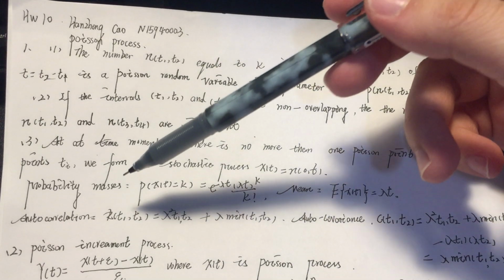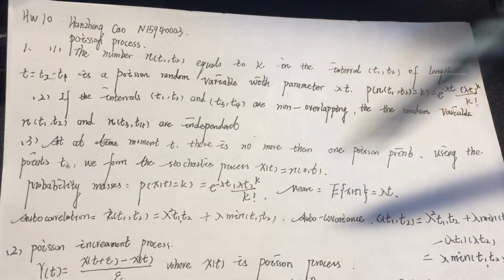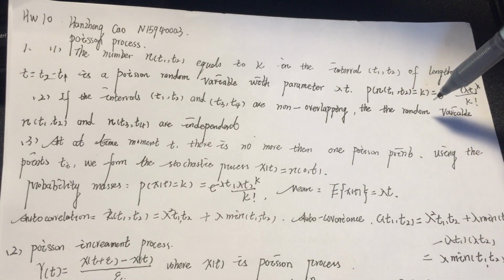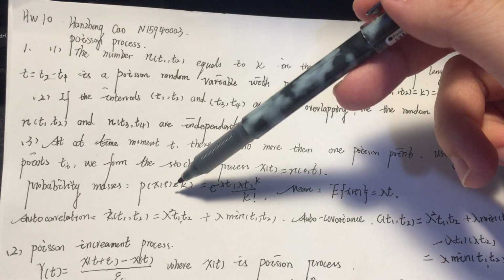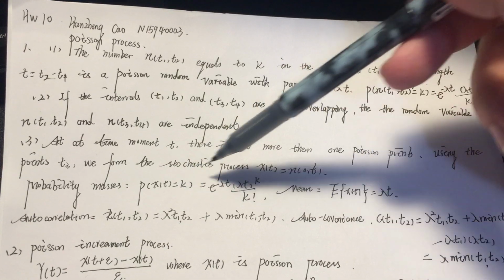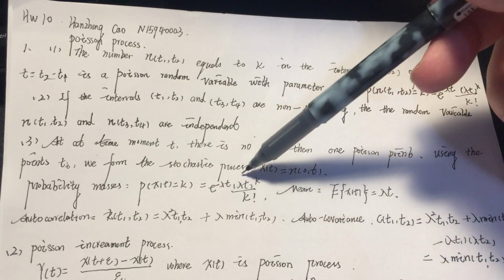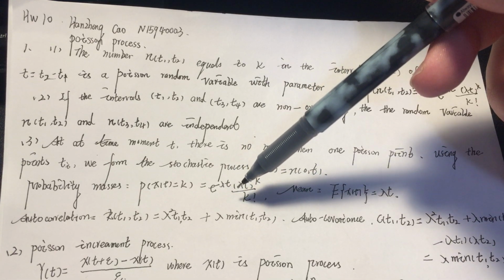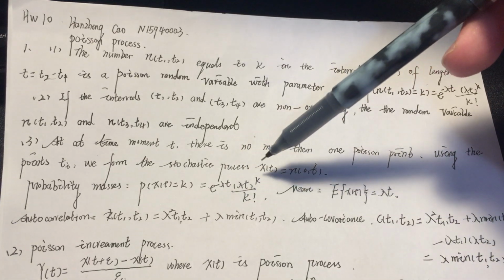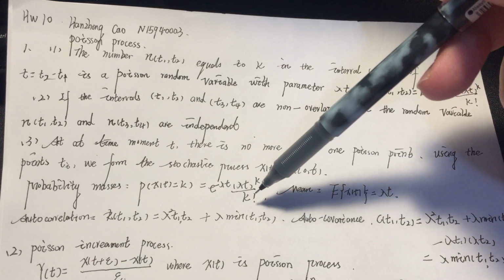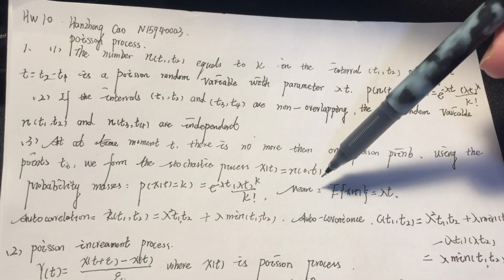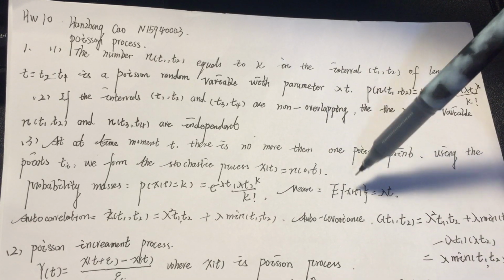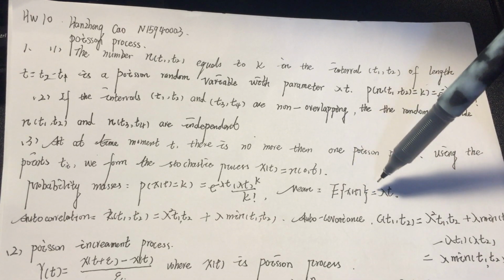We know the probability mass is given by P(X(t) equals k) equals e to the power of minus lambda t multiplied by lambda t to the power of k over k factorial, and the mean, the expectation of X(t), equals lambda t.